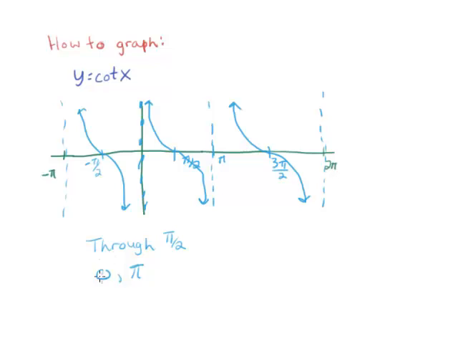The 0 one should stay where it's at unless we're shifting, but pi will move either left or right, either closer to the y-axis or farther from the y-axis. It goes up to the left and down to the right normally. If it's negative, it would get flipped so that it looks like tangent. And the period is normally pi for this one as well.